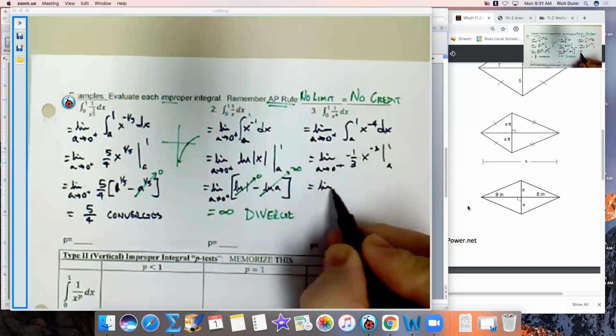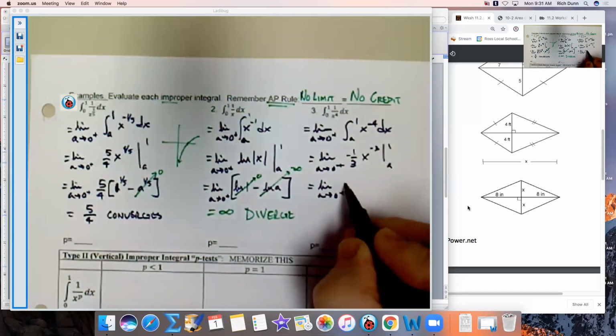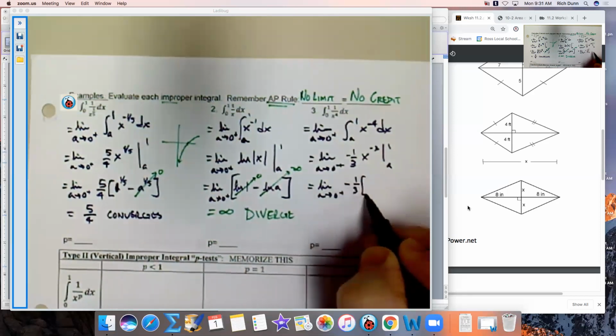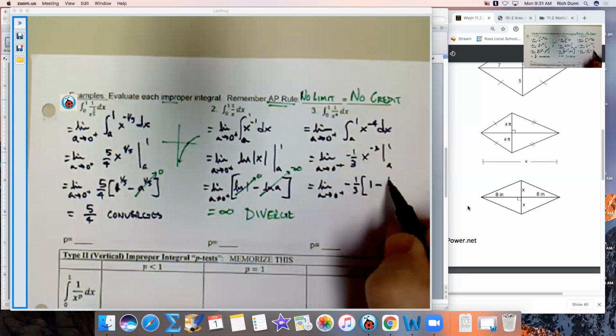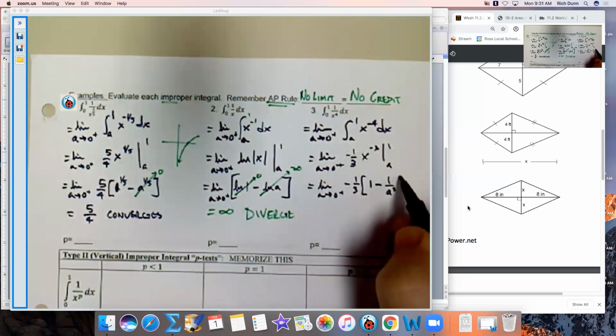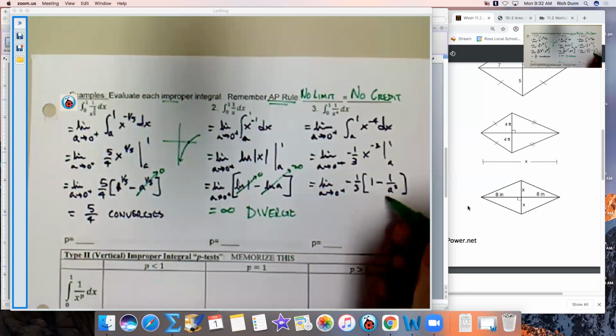The limit as a goes to 0 from the right, factor out the negative 1/3. This will be 1 over 1 to the 3rd power, or just 1, minus 1 over a to the 3rd power. When a goes to 0, it's really, really, really small.